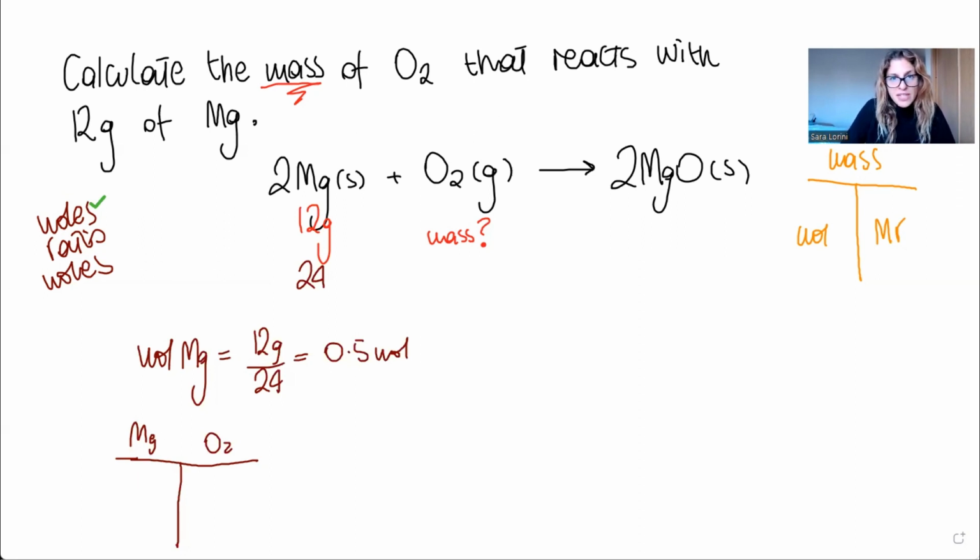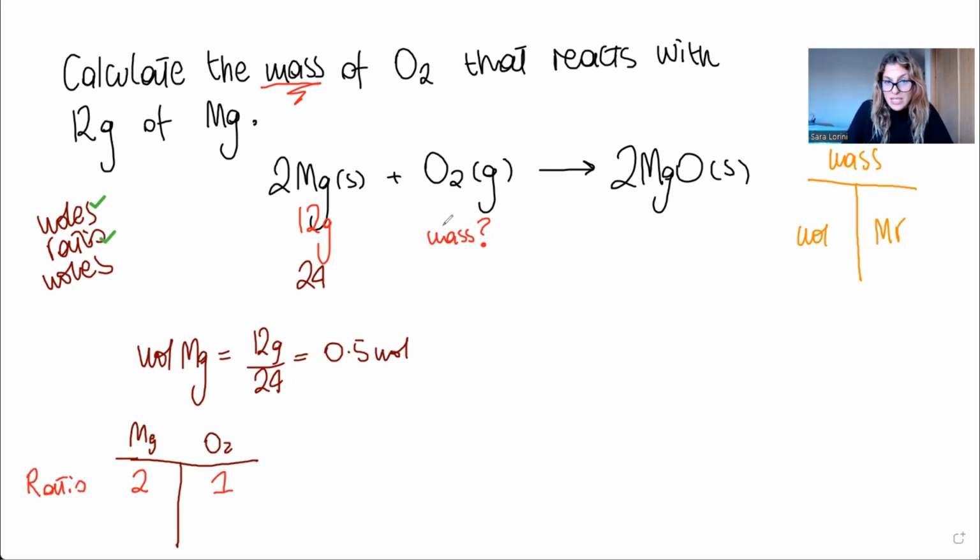So magnesium, as you can see, has a big 2 in front, and oxygen doesn't have any number. This tells us that their ratio, so the relative proportions, is 2:1. With the ratio, which is these big numbers, the stoichiometric coefficients, we can then find the moles of the other species in the reaction. In fact, we want to find the moles of oxygen.